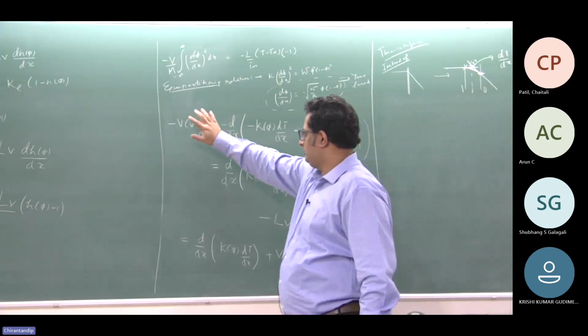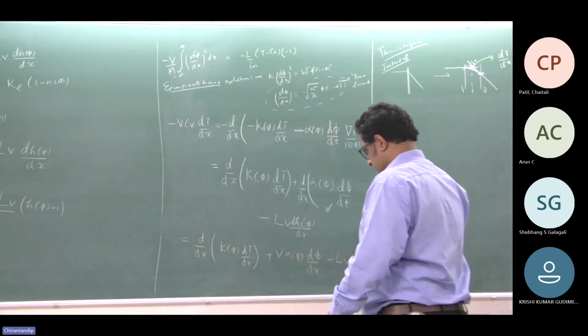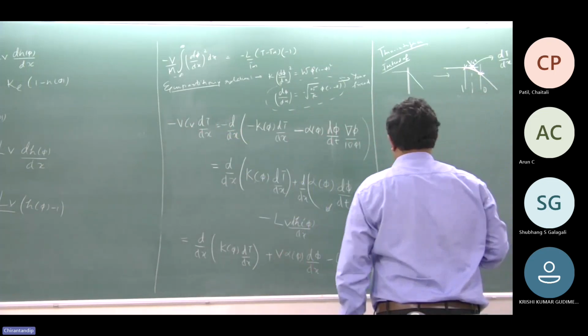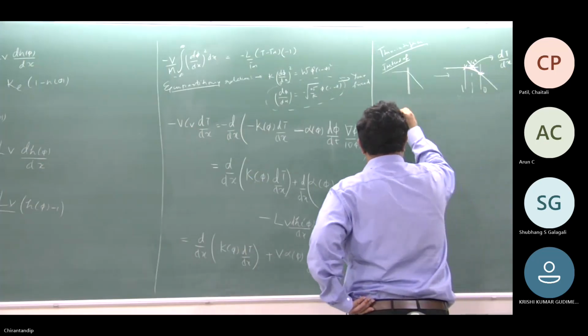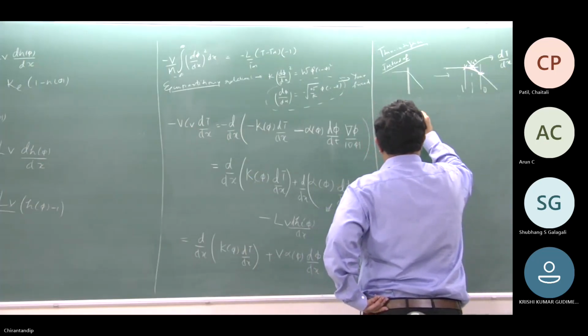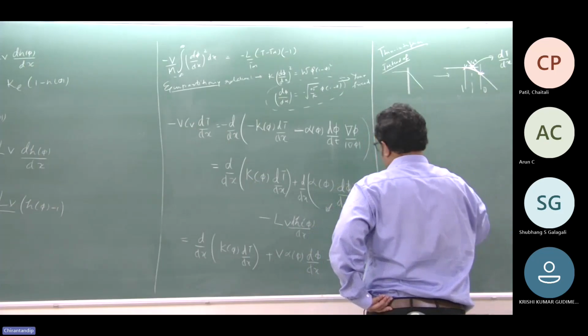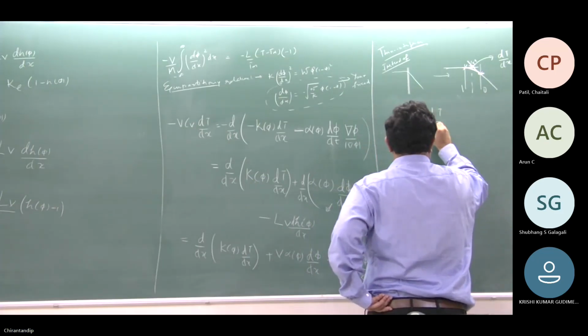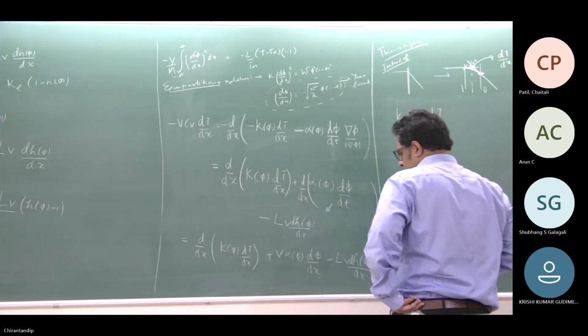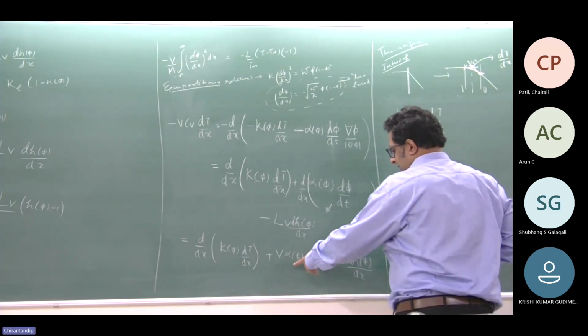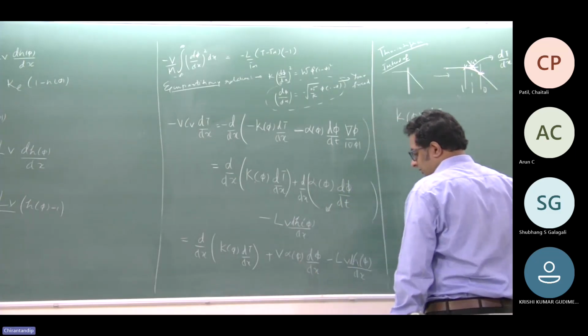We ignore this fellow, small, and we integrate once. Okay. So integrate from left side to the right. Okay. So if we integrate this once, right?